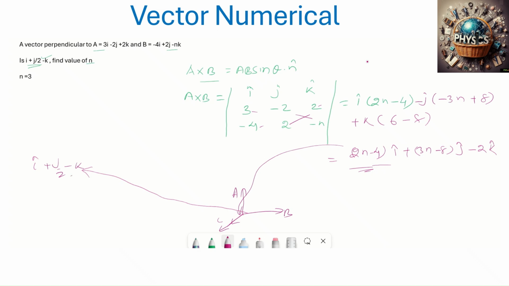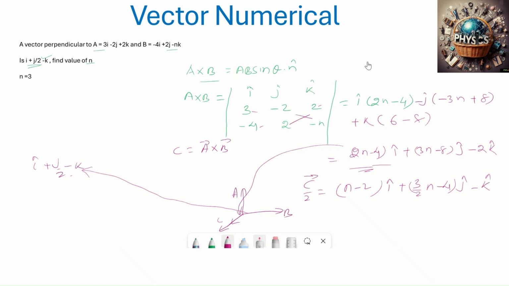So if you see minus k here, it is minus 2k there. So let me just make C half of it, because its magnitude may be half of it. C is A cross B. Then C by 2 will be n minus 2 into i cap plus n minus 4 into j cap minus k.